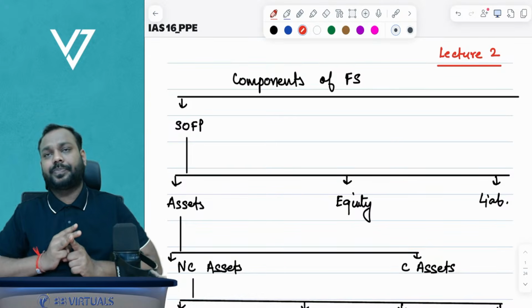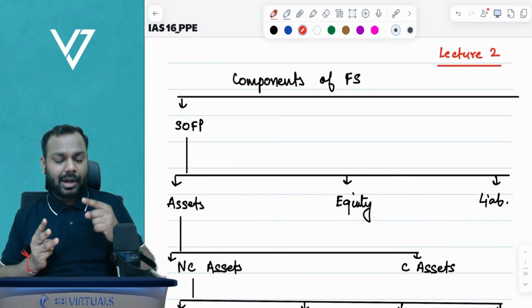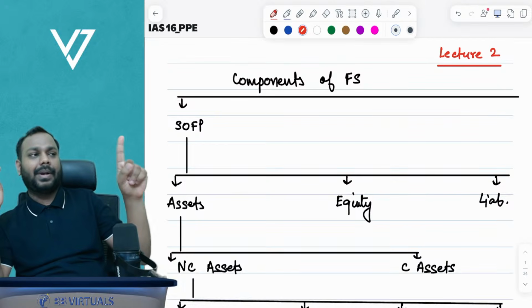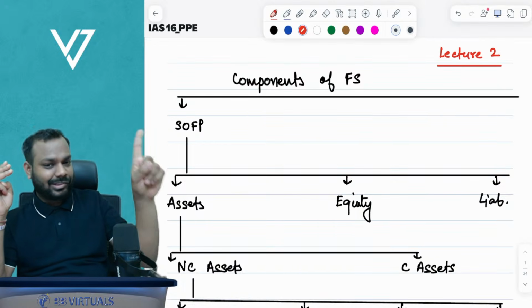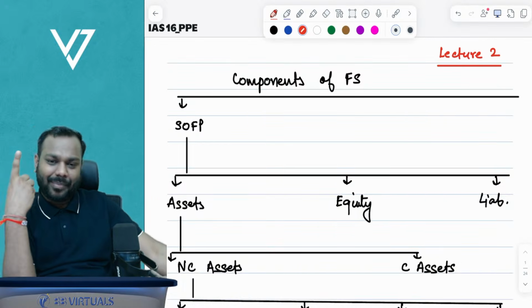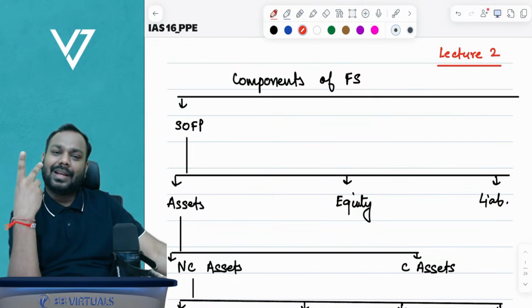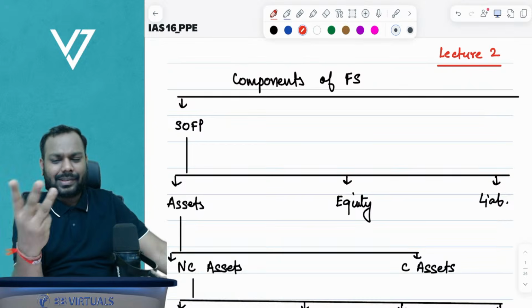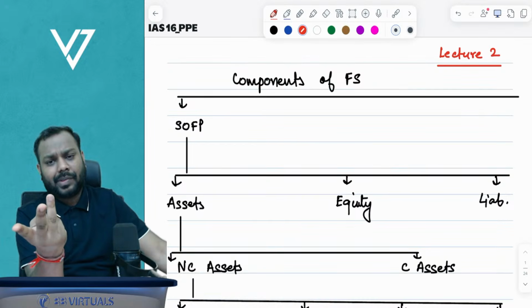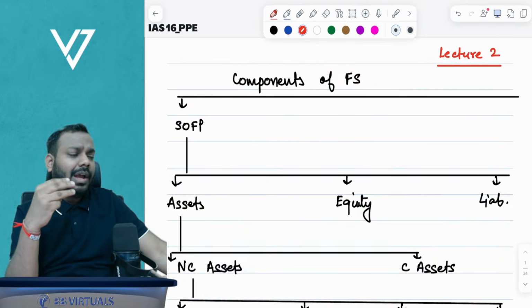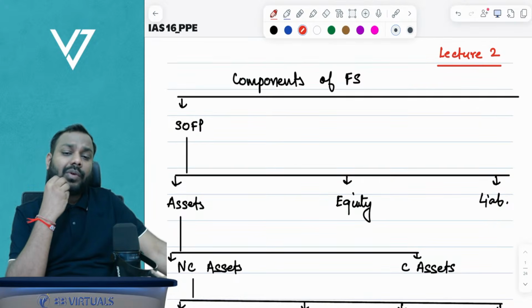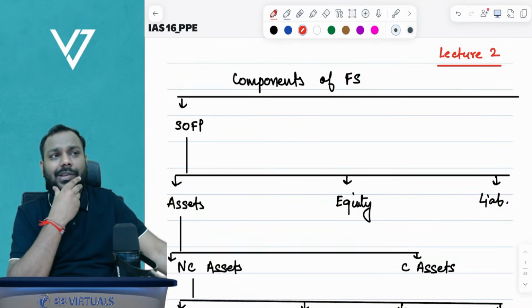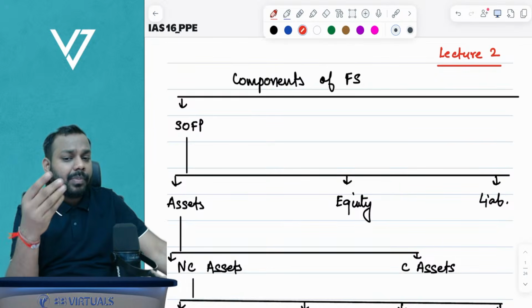So first, property, plant and equipment are tangible assets held for either production of goods or services, administrative purposes, or rental to others. It can be any of these three purposes, and the life should be more than one period. Now you must ask me, sir, how is it different from investment property?